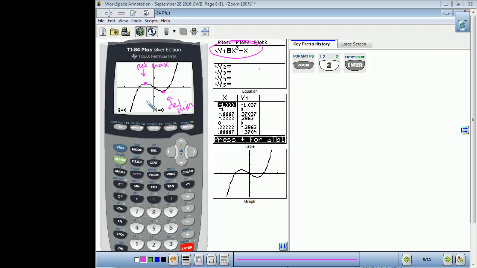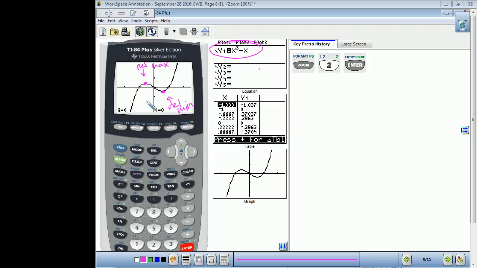Just go to the left side and then hit enter. Go over to the right side of the valley. Hit enter. There you go.